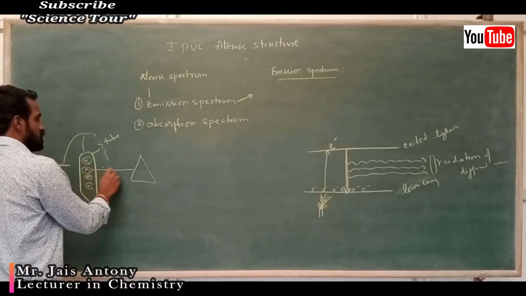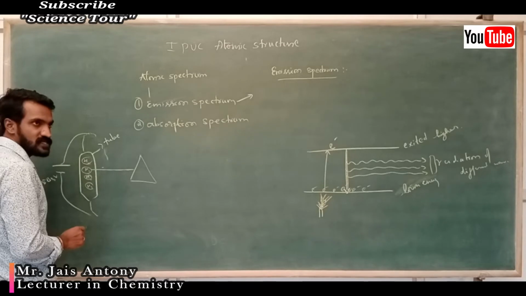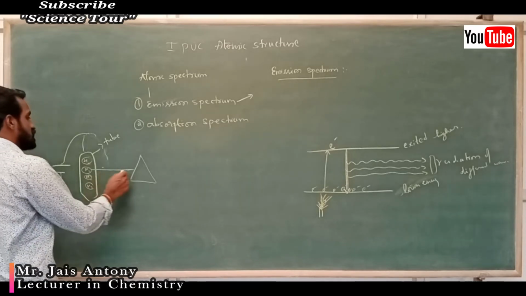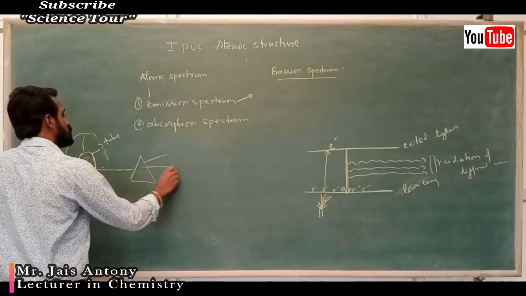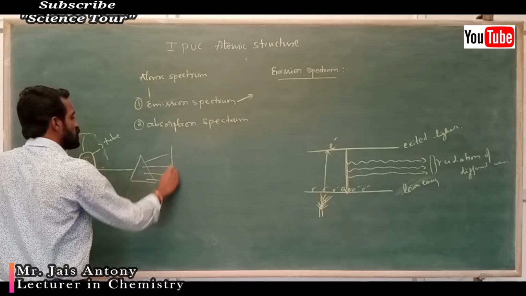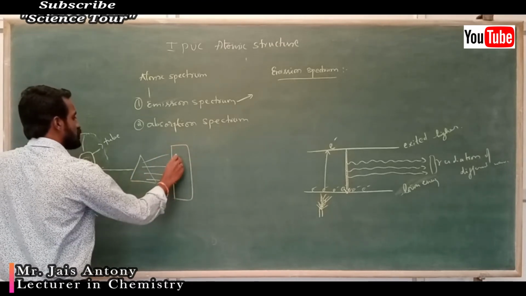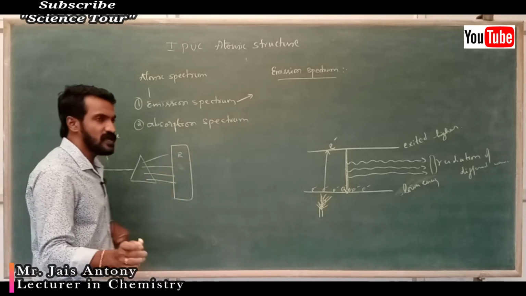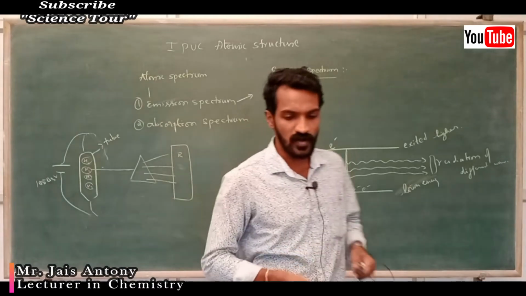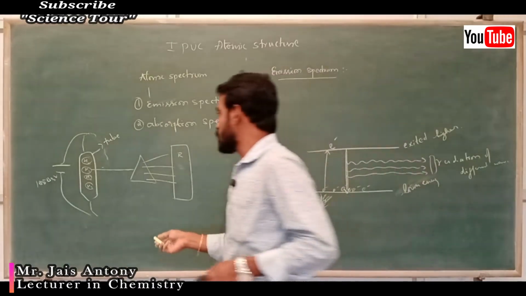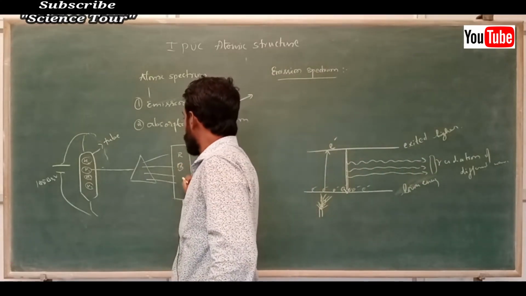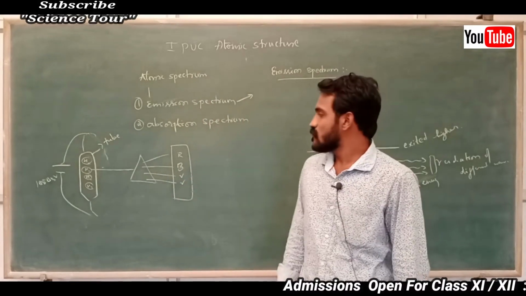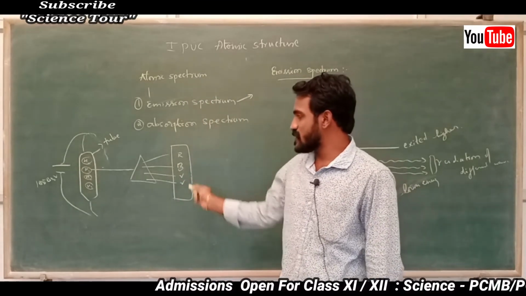It gives light radiation, and it gives four different colors: red, blue, violet, and another light violet. Understood? Four different lines.